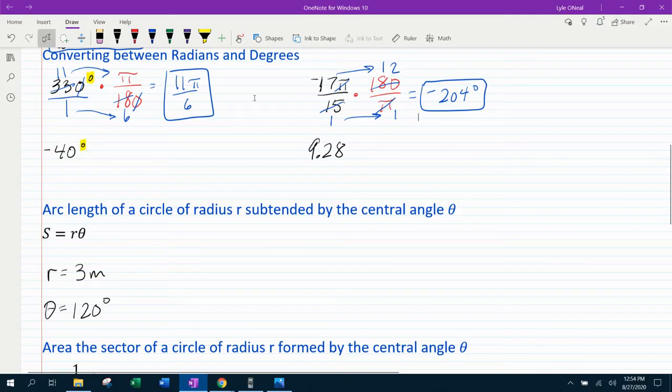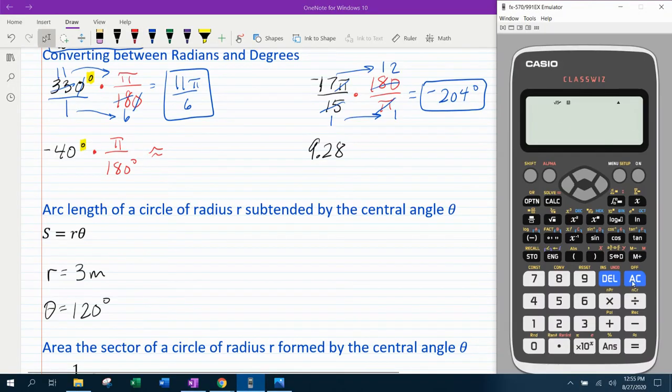And now let's do it showing you how to get a decimal answer if you need a decimal. So multiplying negative 40 degrees by pi over 180. And we're going to assume that they say approximate this to the nearest hundredth. Let's say 2 decimal places. And so we're going to take our handy dandy calculator and we're going to say negative 40 times pi over 180.